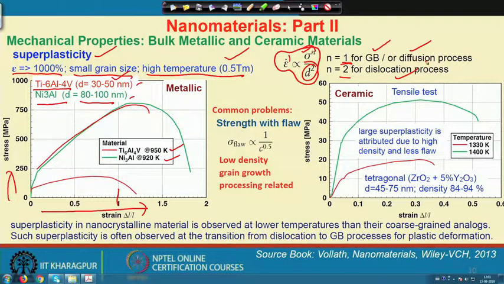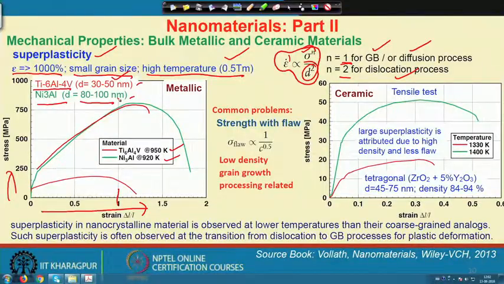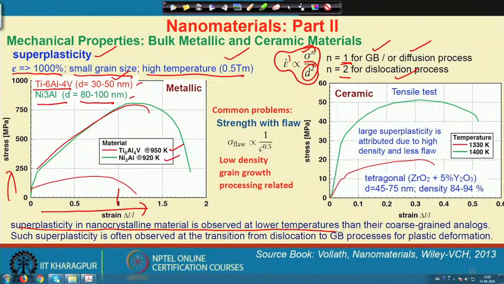But from our discussion so far, we have seen that in the case of nanomaterial, grain boundary sliding and the grain boundary process are very dominating. So, if I reduce the size of the grain to a nanometer, superplasticity should exist. Okay. Now, superplasticity in nanocrystalline material is observed at lower temperature than in their coarse grain analog.